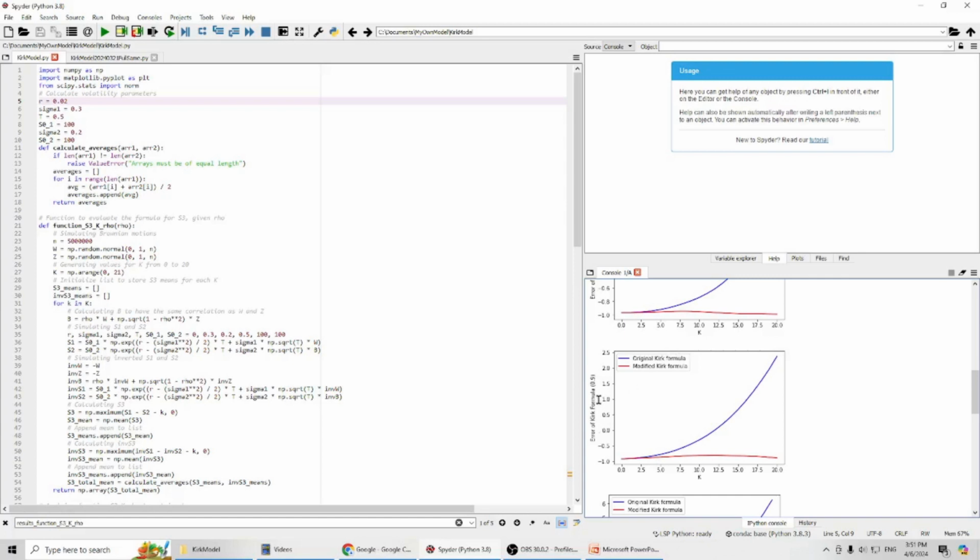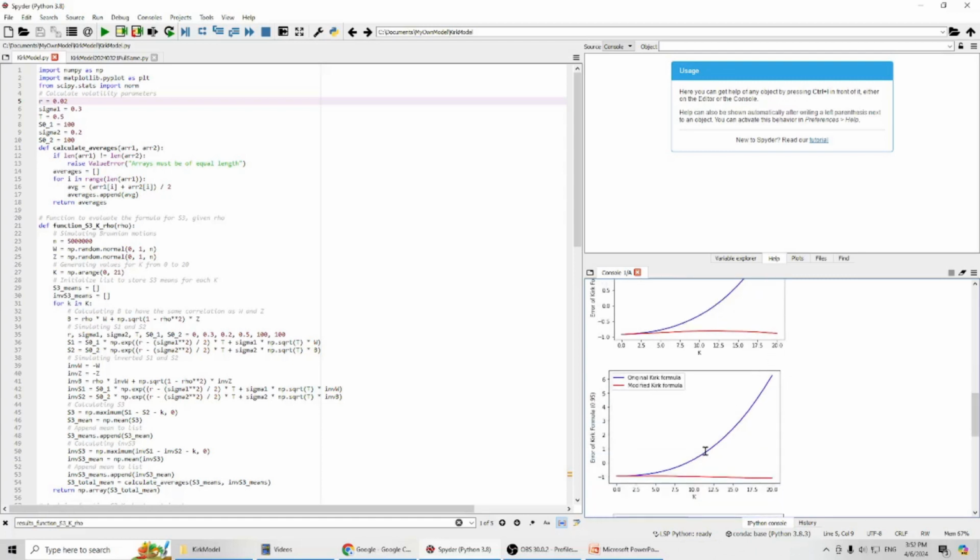When the correlation is 0.9, we can see similar behavior of the original Kirk formula and the modified Kirk formula. And you can see the original Kirk formula's error also overshoots. It passes 0 and keeps increasing. When rho is 0.95, you can see the error of the modified Kirk formula remains low and stable like this.